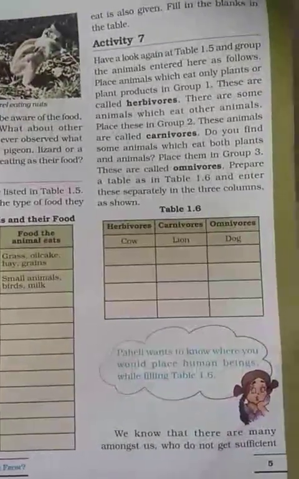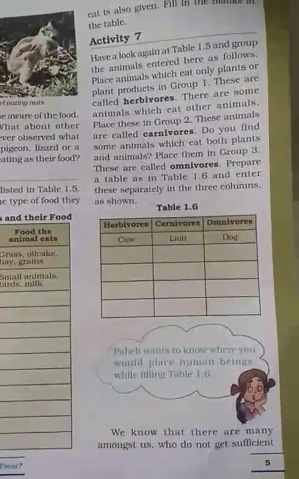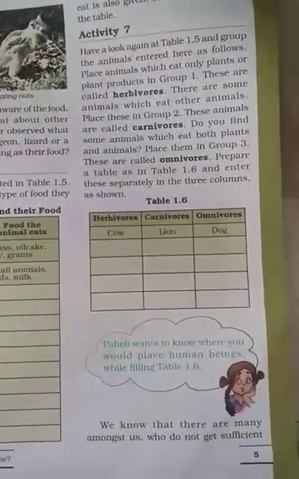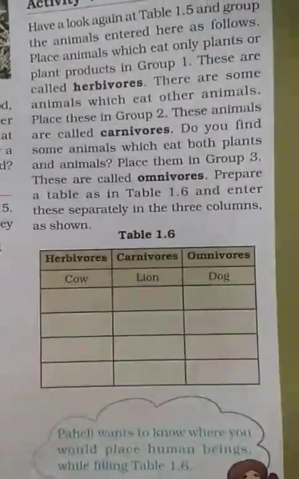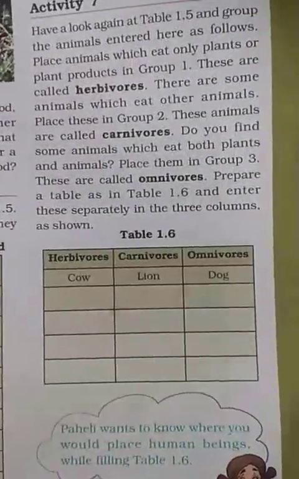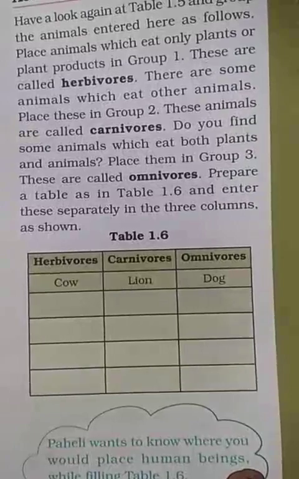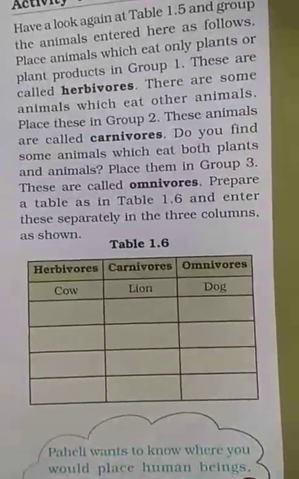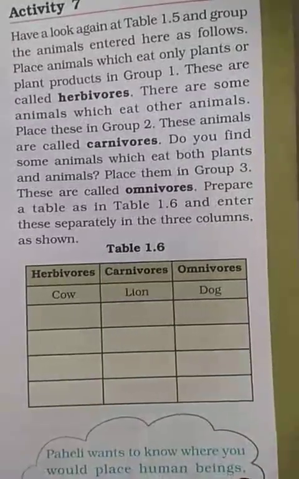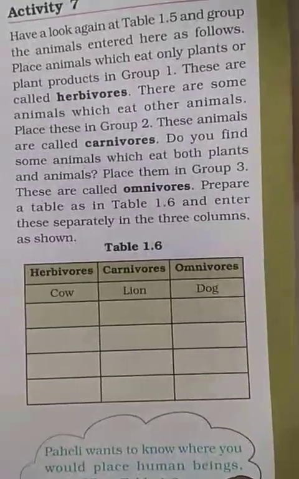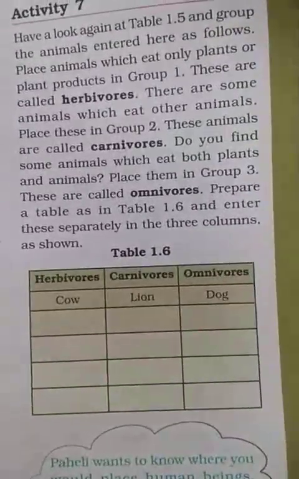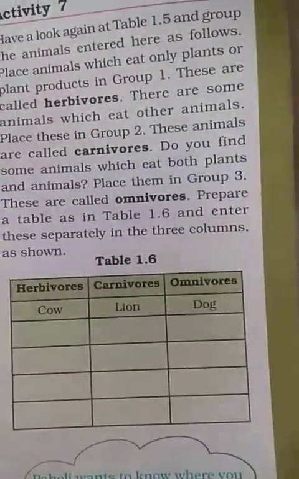Now the next is activity 7. Have a look again at the table. Here you can see three words: herbivorous, carnivorous and omnivorous. What does herbivorous mean? Herbivorous means the animals which eat plants or plant products. These animals are known as herbivores. Now what does carnivores mean?